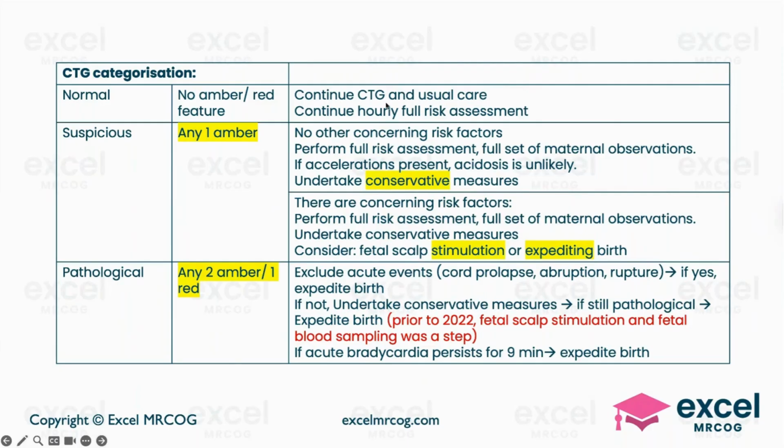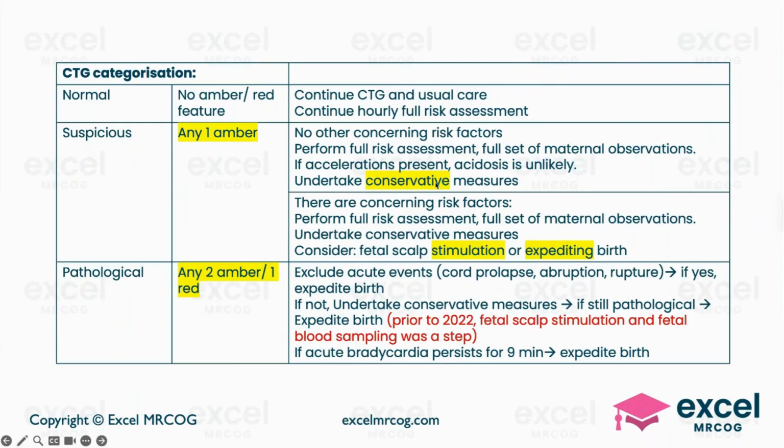Normal, continue the CTG, don't do anything, do hourly assessment. Clear? Yes. So suspicious, there are two things you need to remember. One is there can be concerning risk factors, like what high risk is the mother having, versus no high risk, right? If there are no other risk factors, everything seems to be going okay, but there is one amber feature for whatsoever reason.